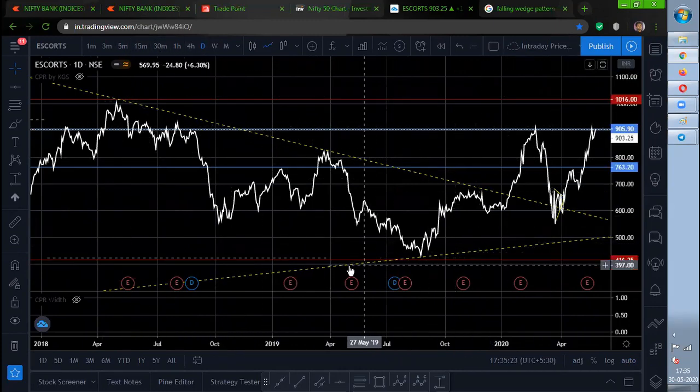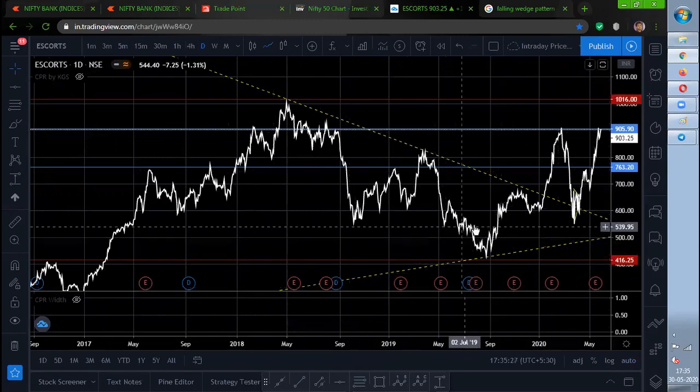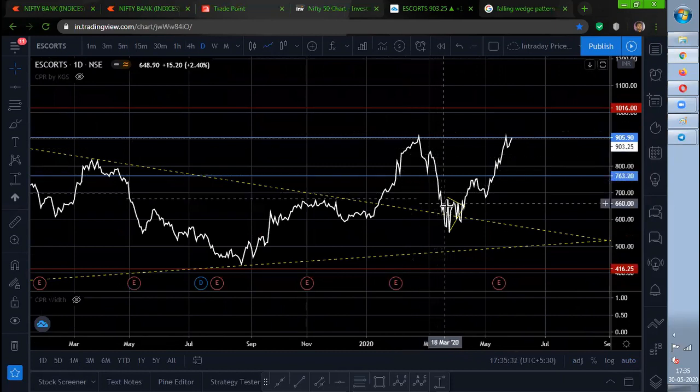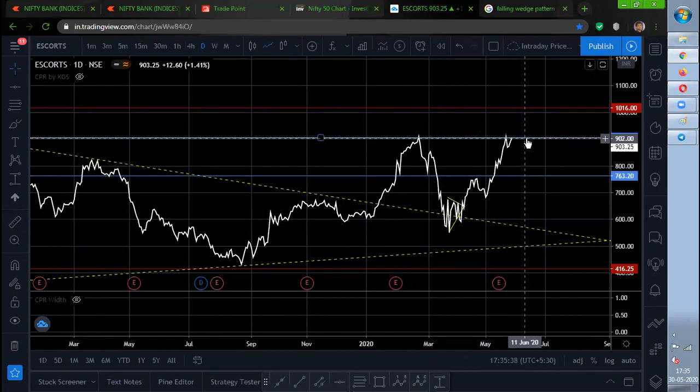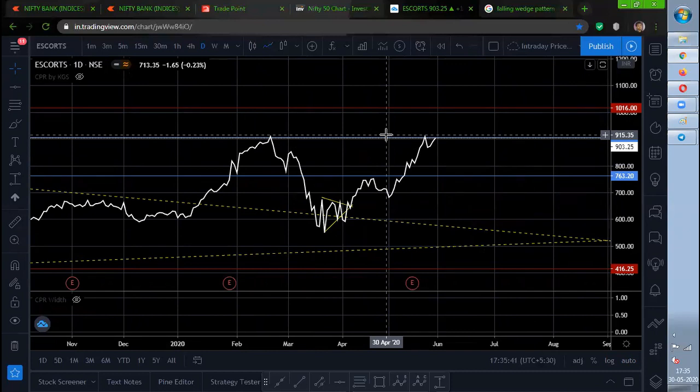See, I have just drawn this triangle pattern. After that, it gave a breakout. Then again it came down to touch the resistance line. After that, it has blasted again. Now, if it is closing above this zone, it will go further up.